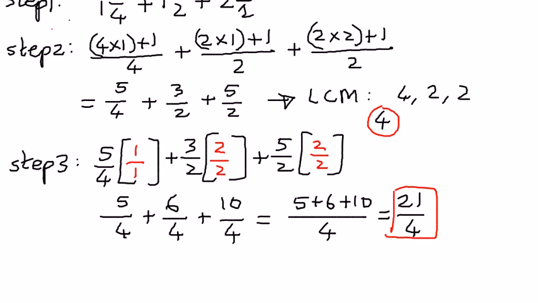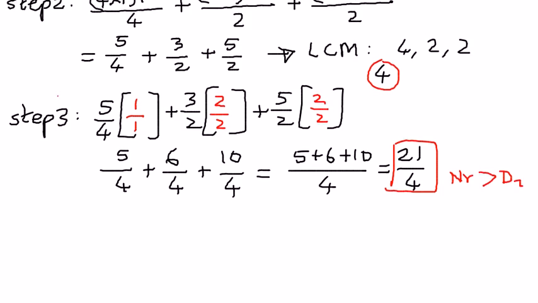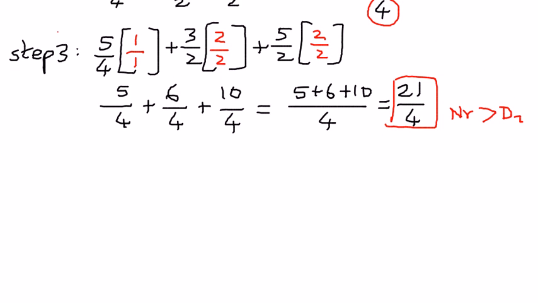So 21 divided by 4 is in an improper fraction format because the numerator value is larger than the denominator value. We can express this as a mixed number. So we'll write it as the next step here, step number 4. We have 21 divided by 4. We're going to express this as a mixed number.